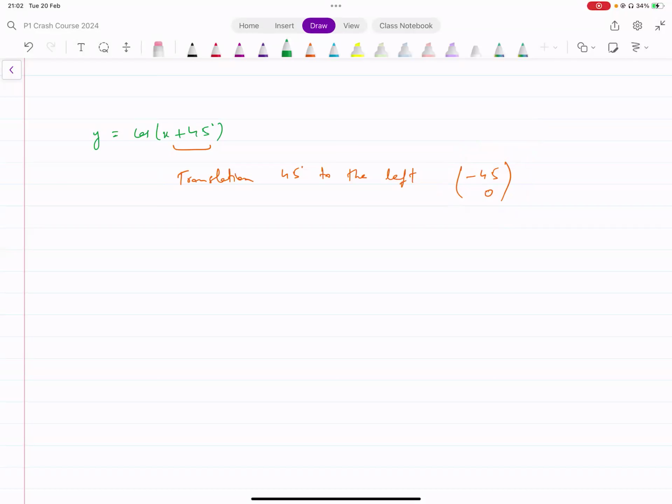Plus means left, minus means right, if it's in the function like this. Is that okay to everyone? Any problem with this? No, sir.